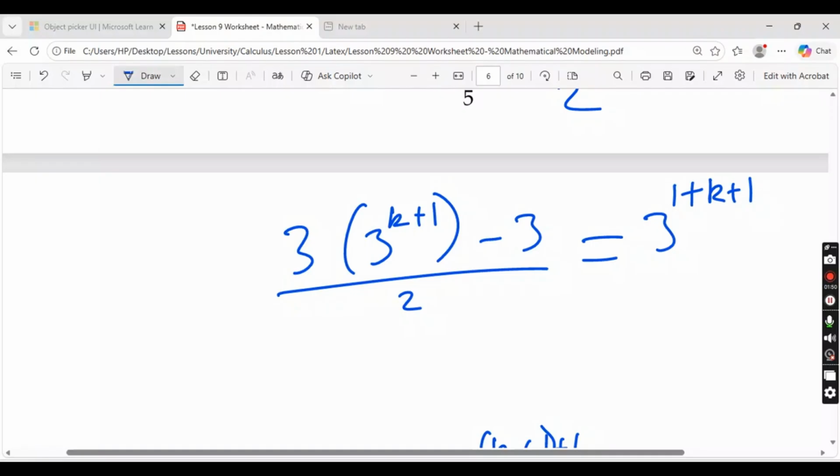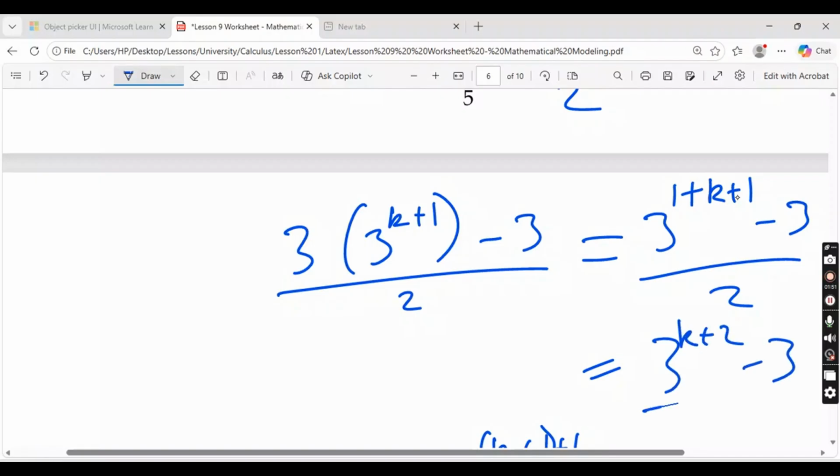I wanted you to say it out, like 3 to the power 1 plus k plus 1, is equal to 3 to the power k plus 2 minus 3 over 2.